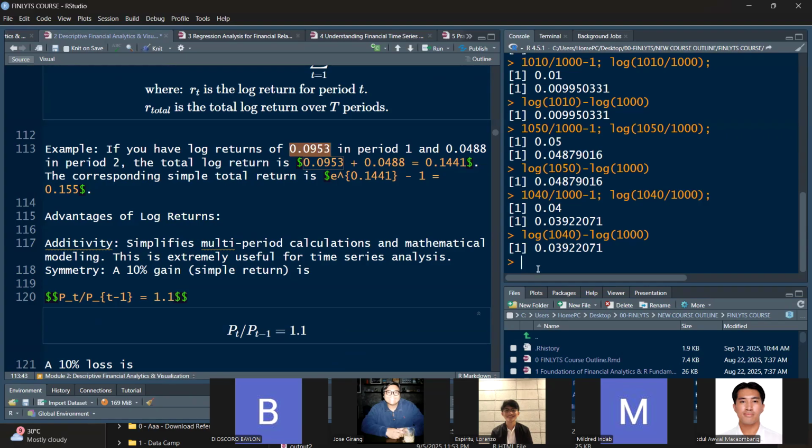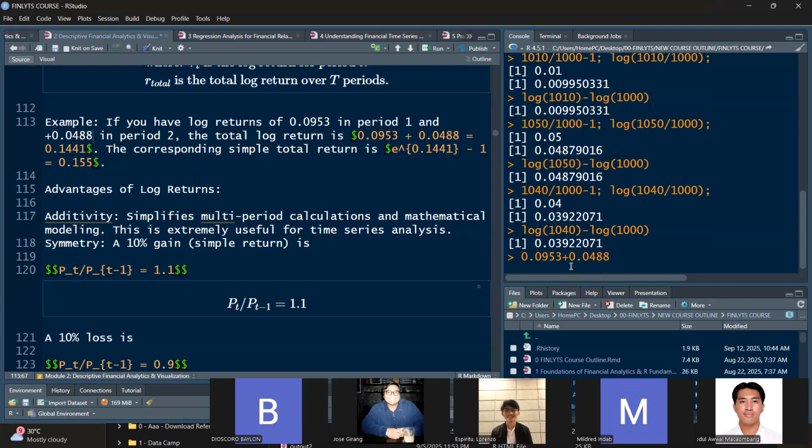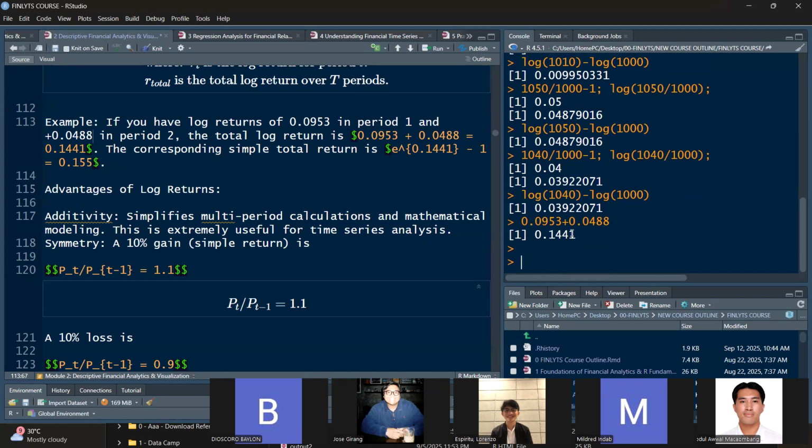Control C. What happened here? Enter. So the total return for the two periods is 0.1441.